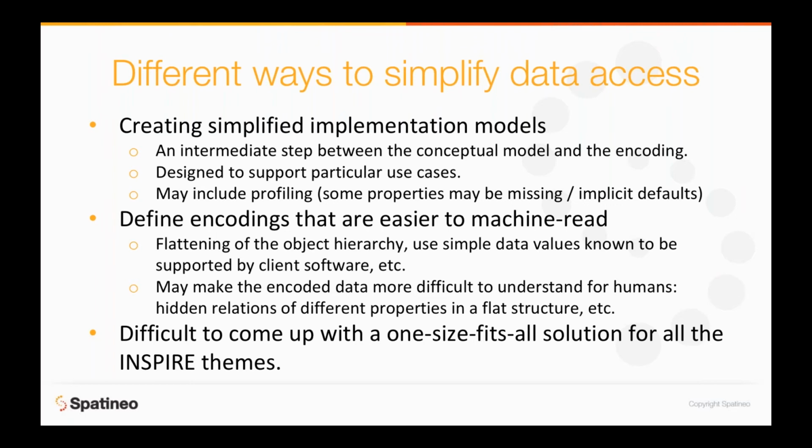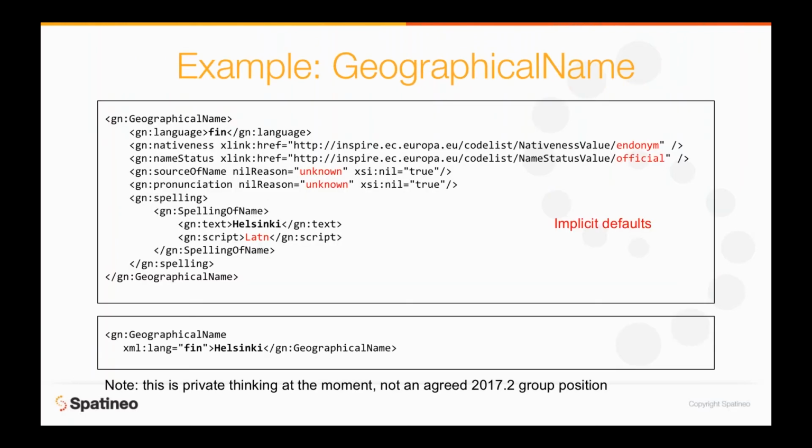And one example, which you probably know if you deal a lot with INSPIRE data, is that the geographical name thing is quite complex. And there is a reason for this, because this is the full geographical name data model in INSPIRE.